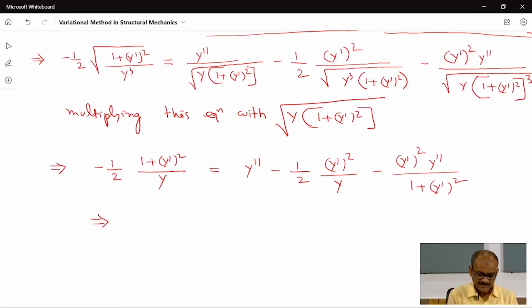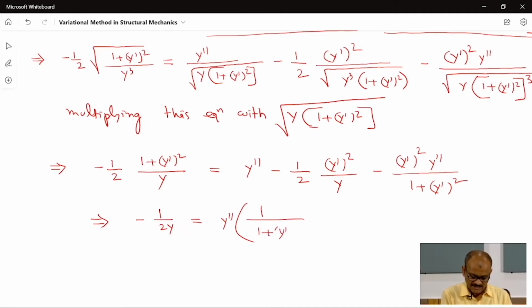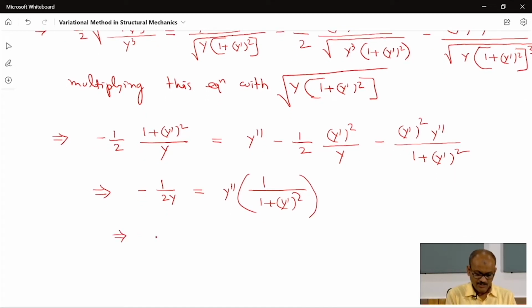This implies minus 1 by 2y is equal to y double dash into 1 by 1 plus y dash square, which implies y double dash is equal to minus 1 plus y dash square divided by 2y.